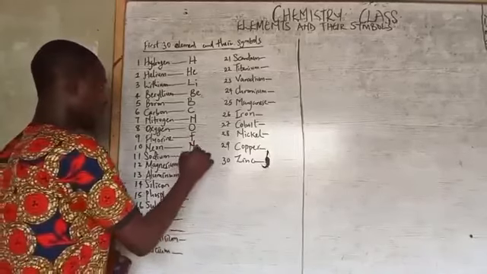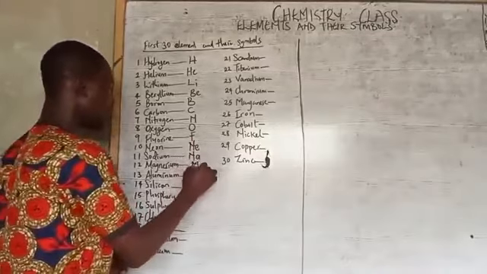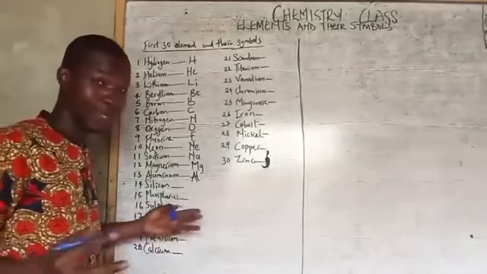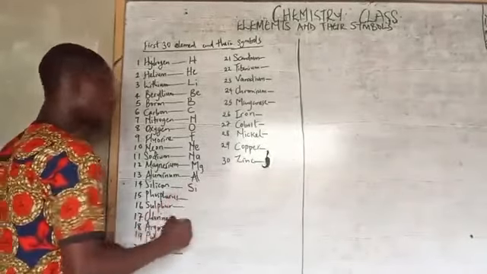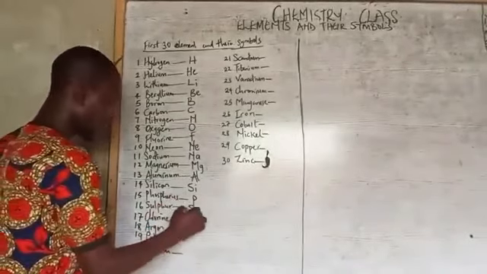Sodium Na. Magnesium Mg. Aluminium Al. What about silicon? Si. Phosphorus P. Sulfur S.